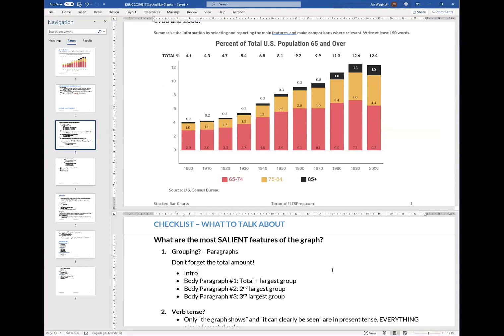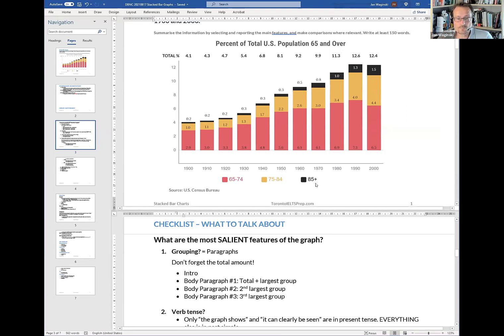And what about the totals? The total numbers at the very top. I would include these as part of the first body paragraph together with the largest group. So if I were to do this, I would do the totals plus the 65 to 74-year-olds.